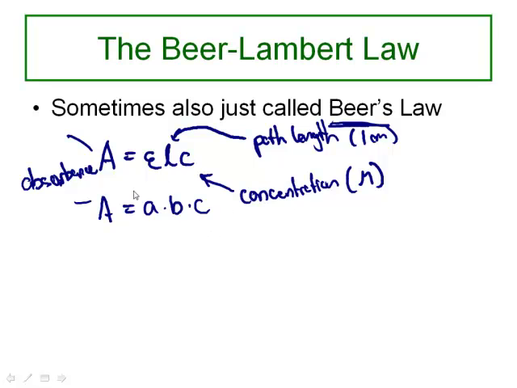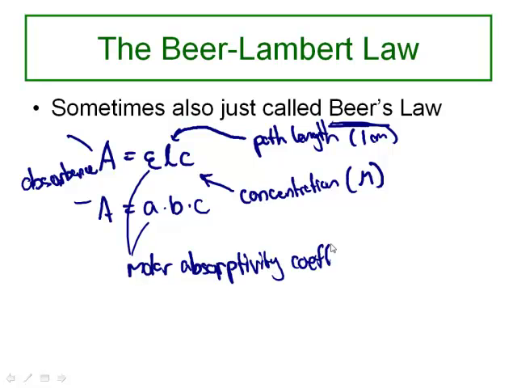Now, the last thing here we have not defined is this guy, epsilon or A. This has two names that are sometimes used. It's either called the molar absorptivity coefficient, or sometimes called the molar extinction coefficient, okay?